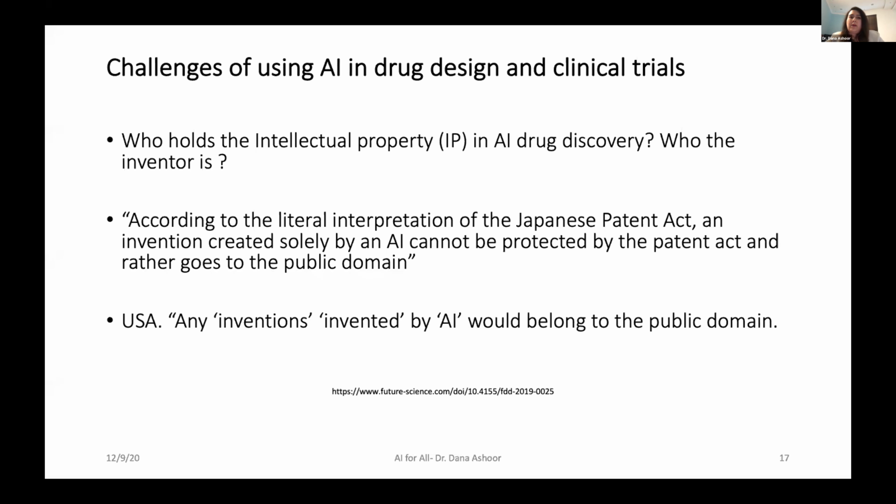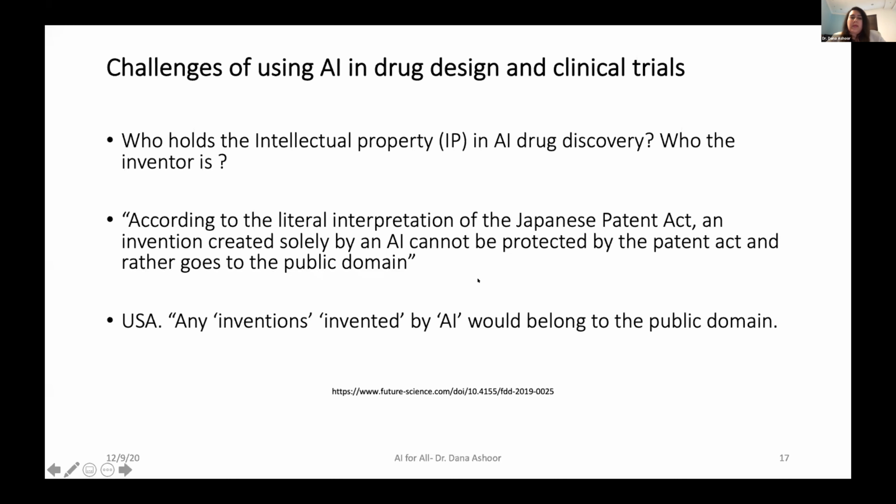And still it is not clear, even in other countries, in Japan and in the USA, who has the intellectual property for an invention created by artificial intelligence. Is it the scientist who entered the data, or is it the program itself, or is it the programmer? So the rules are not clear, and this important issue also needs to be addressed. We need to know who has the right to the patent of any new invention.